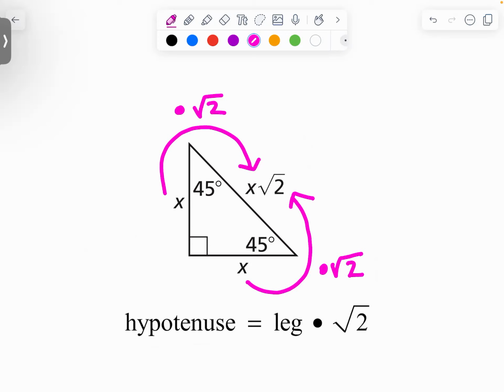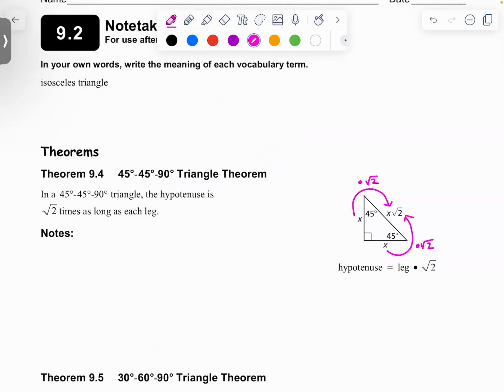How would we get there? We would divide by radical 2. So it's one rule you need to remember. On a 45, 45, 90 triangle, our hypotenuse is radical 2 times as long as the leg. That's it.